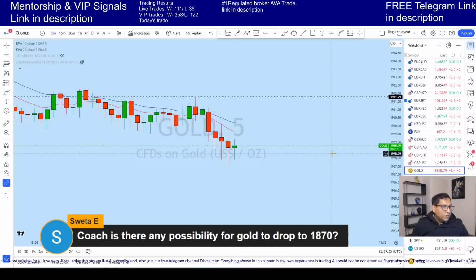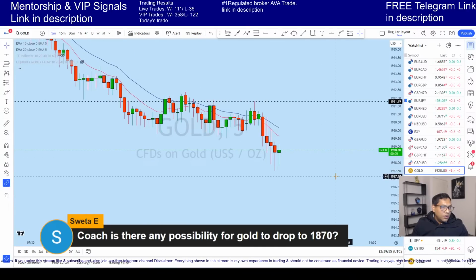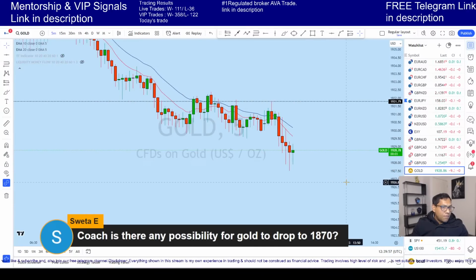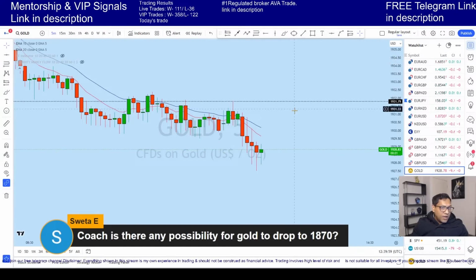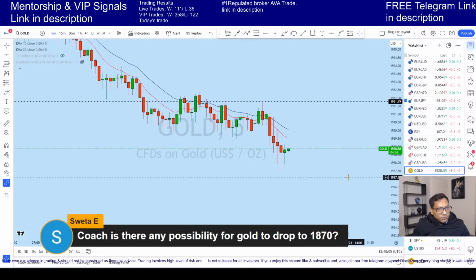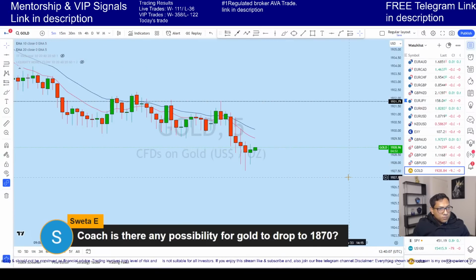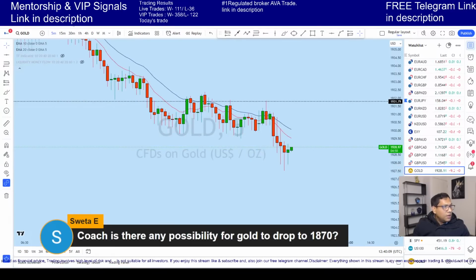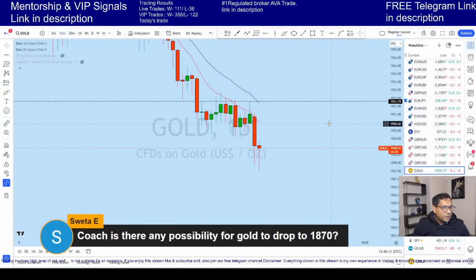Okay, now this is a 5 minute chart. Let it go up to gather some liquidity, then we can look for an entry on this one. Okay, we might see some pullback to the upside.